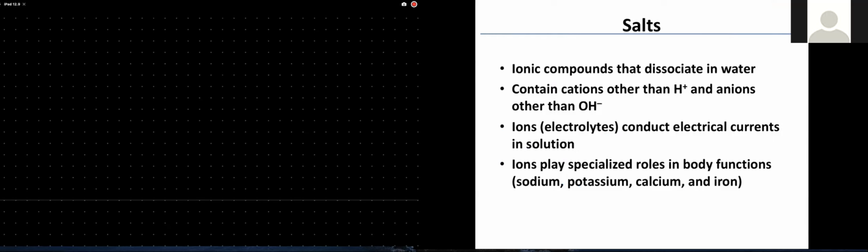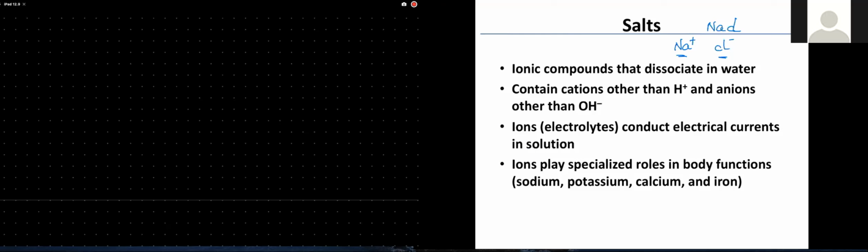Salts, those are ionic compounds that will dissociate in water, like, for example, sodium chloride. If you remember, sodium is positively charged, chlorine is negatively charged. So it's so hard to break them, but when you add them to water, they will dissolve. Why?